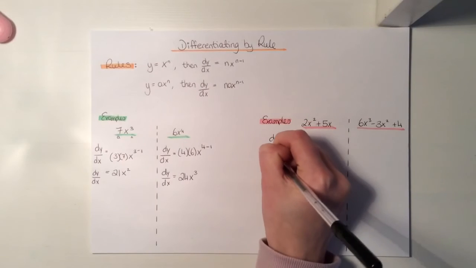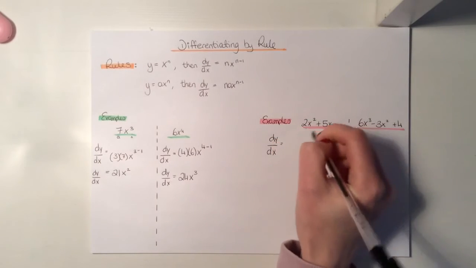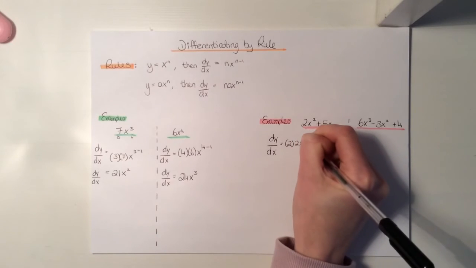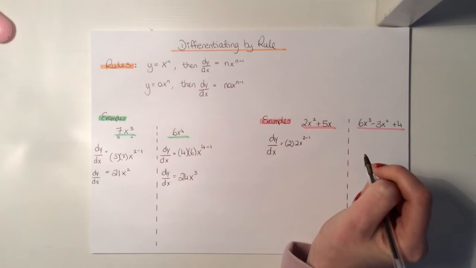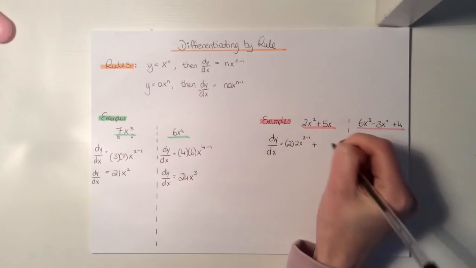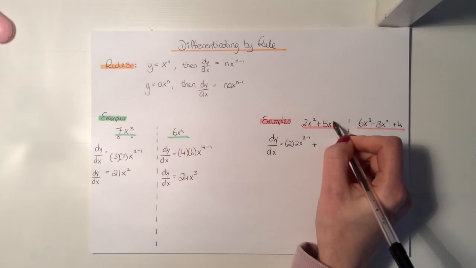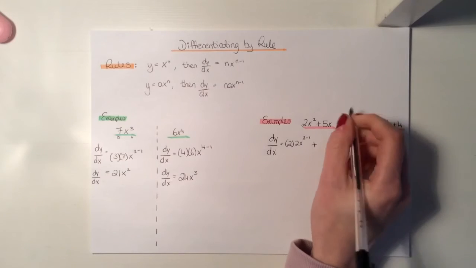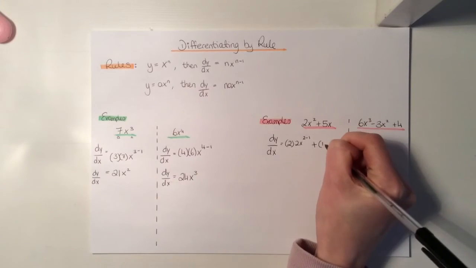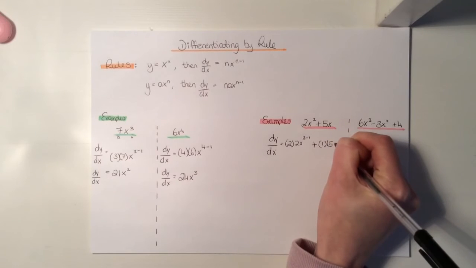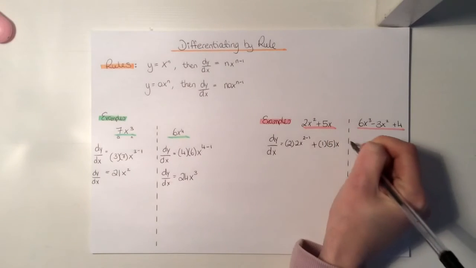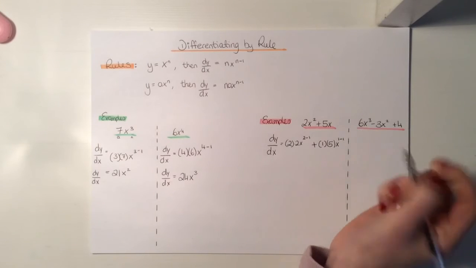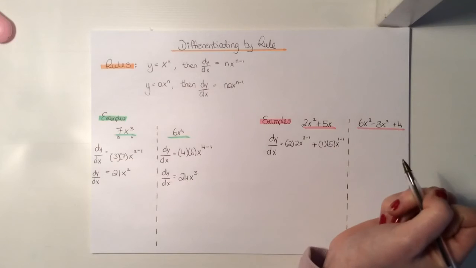So dy dx equals 2 times 2x and minus 1 from your power, plus, now see here when there's no power, remember everything's to the power of 1. So what you're really doing there is 1 times 5x and 1 take away 1. When there's no power written there, it is 1.